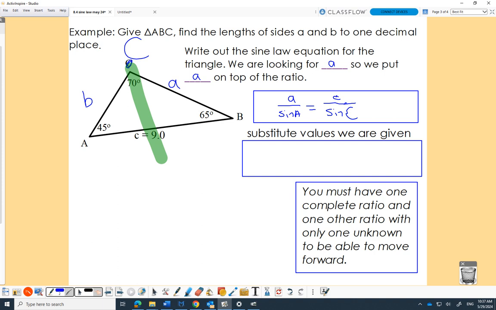So I fill in what I know. A over sine 45 equals, what's C? 9 over sine 70. My A and 9 look the same, don't they? That's one of my many algebraic weaknesses. I'm bad for A's that look like 9, so let me be a little more careful there.